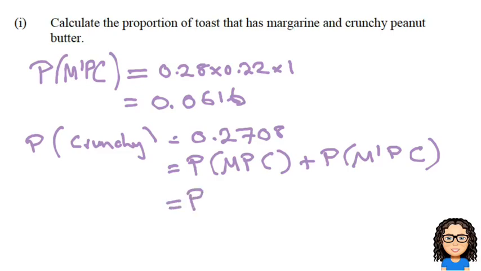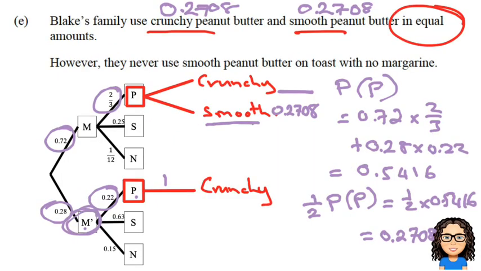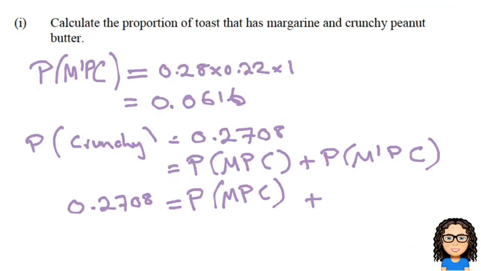I don't know this one, but I do know the whole probability is 0.2708, and I know that this part of no margarine with crunchy is 0.0616.